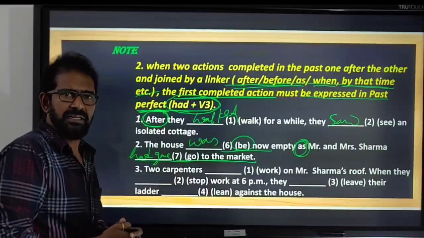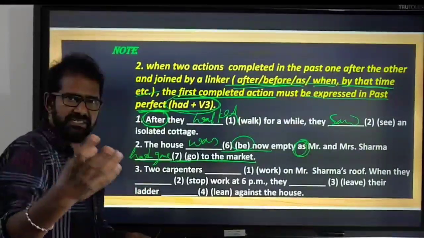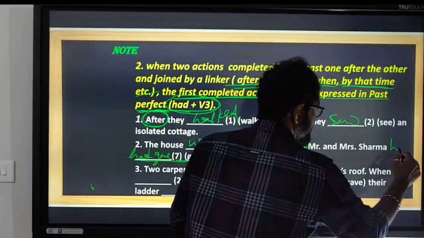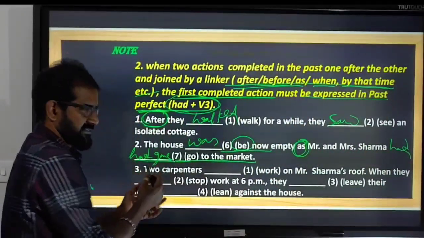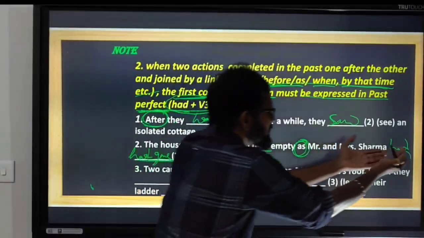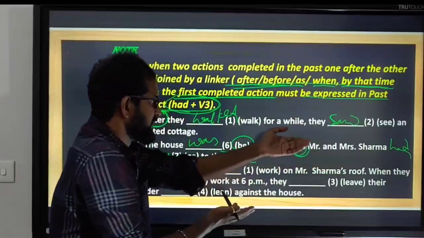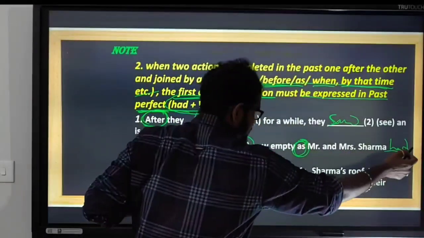And these days, the paper is made very easy. Just they give had in the question itself, and after had they give a blank. So simply you need not worry about whether the first action or the second action. Simply you just go with V3 because had is given already.